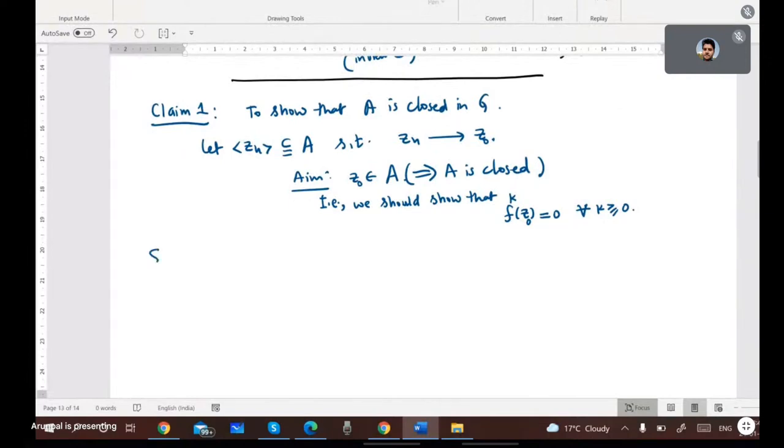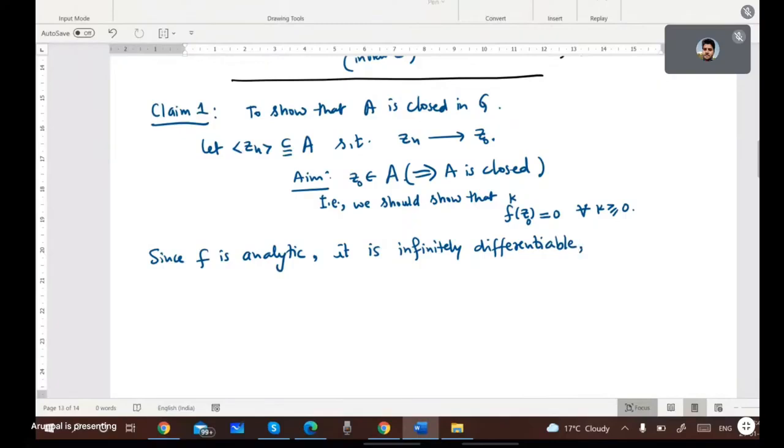Now see, class, since f is analytic, as given in the statement of the theorem, it is infinitely differentiable. We know that every analytic function is infinitely differentiable.